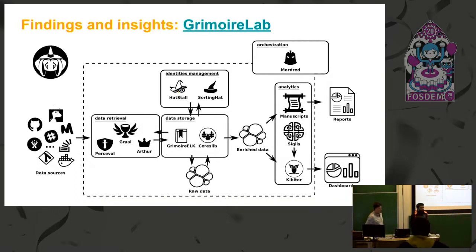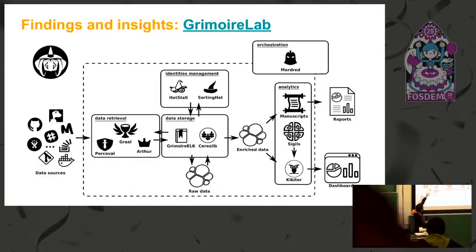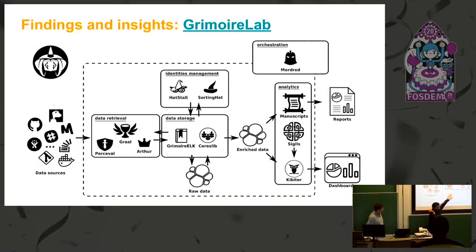For this specific work, we focus basically on two data sources, Git and GitHub. We selected the projects. We use Perceval to retrieve the data. Perceval is a tool that simplifies the life of people who want to extract data from software development tools. For instance, from Git, we extracted commits.